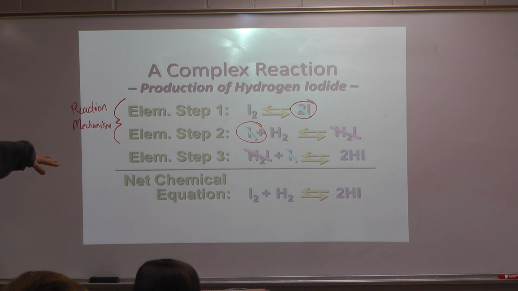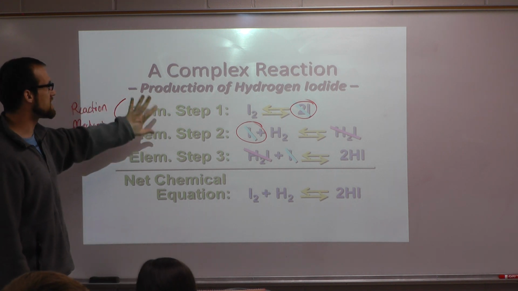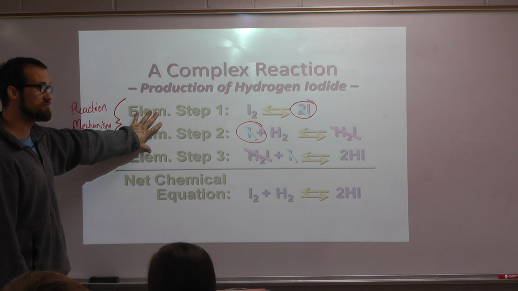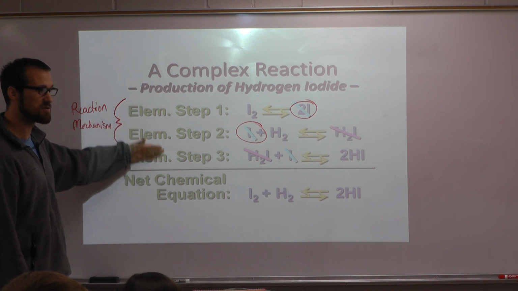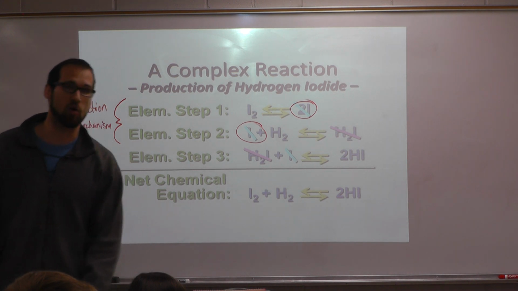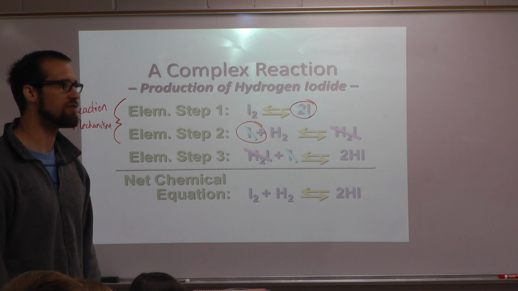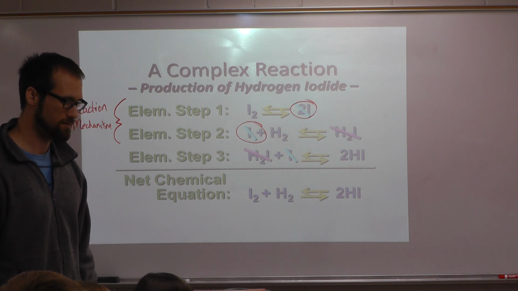So it was the same beginning and ending as the other one. All this is trying to show you is, still a complex reaction because it has more than one step. The reaction mechanism is different because the series of steps are different. And the only way you could get a different reaction mechanism is if you have a different temperature.